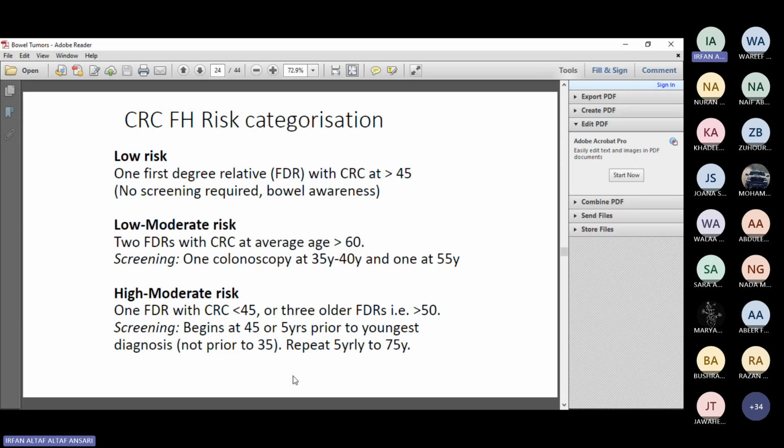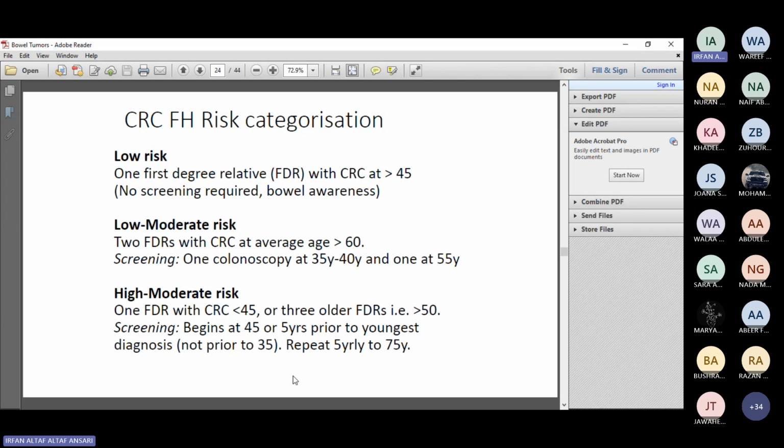Usually in the low risk, you don't have screening at an earlier age, but you must make your patient aware that he should notice any persistent alteration in the bowel habits, or anytime he sees blood in stool, report immediately.